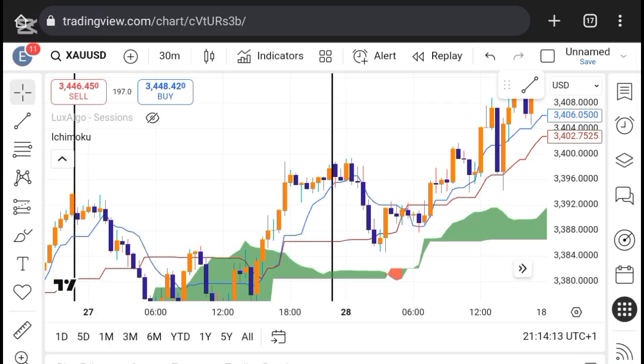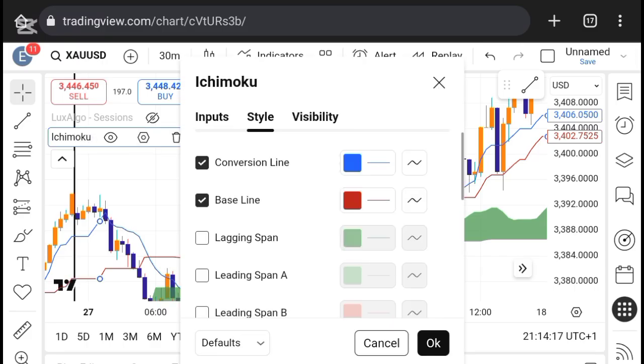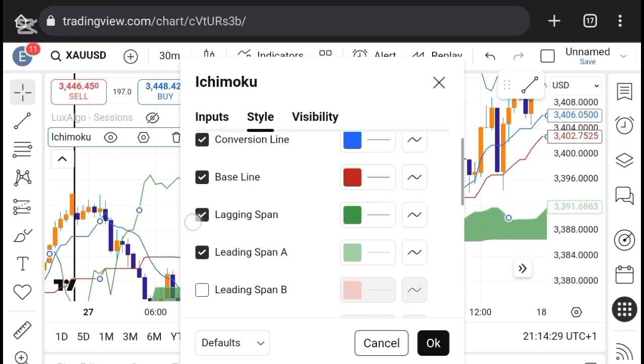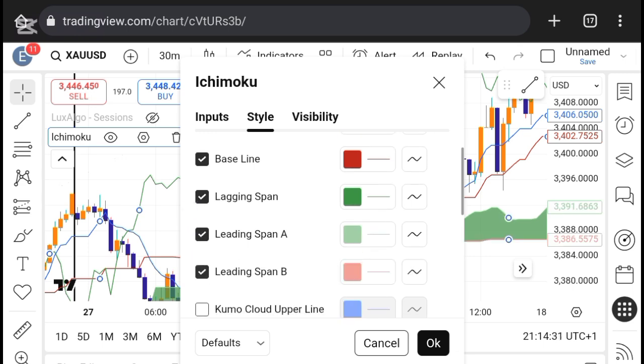Here is your Ichimoku Cloud. Then you go to settings, because when the indicator comes, it did not come like that. So I disable this lagging span and this lagging span. I disable all those ones. I'm left with baseline and lagging span.